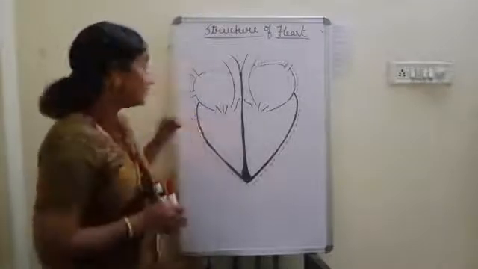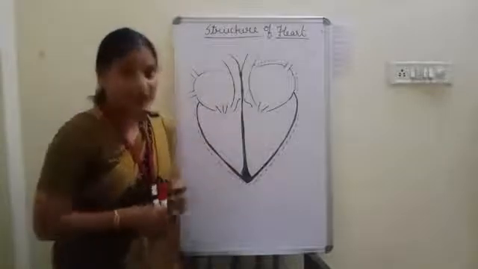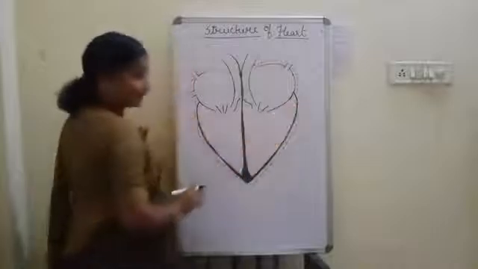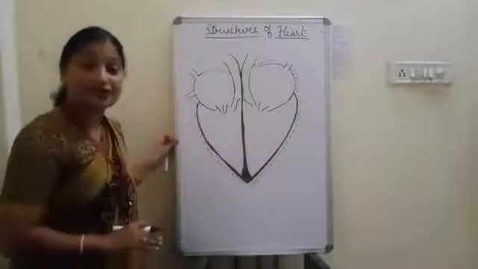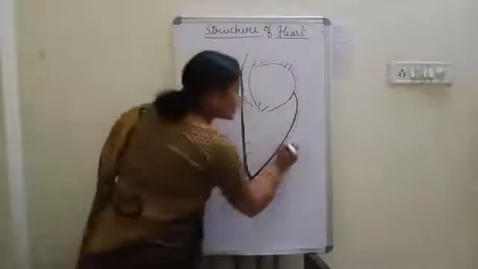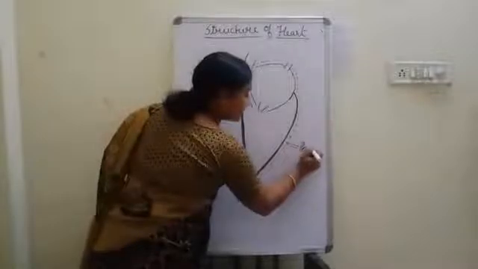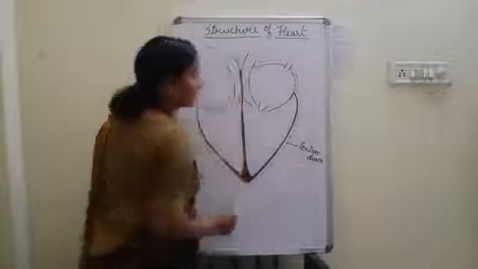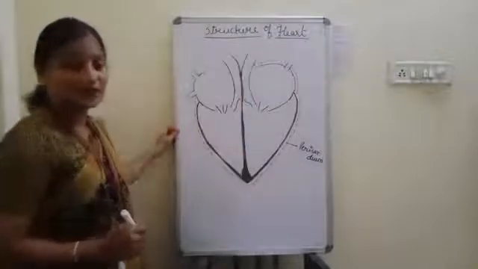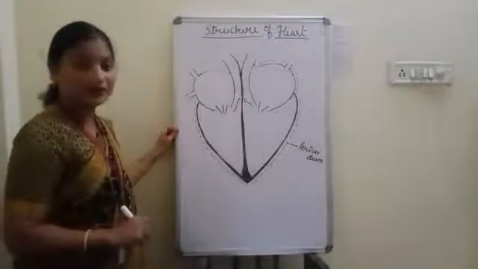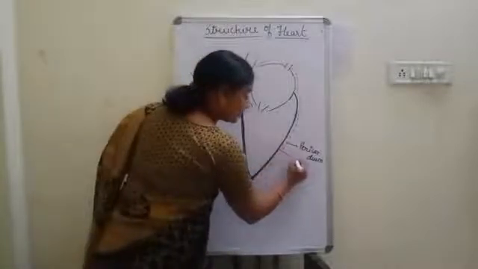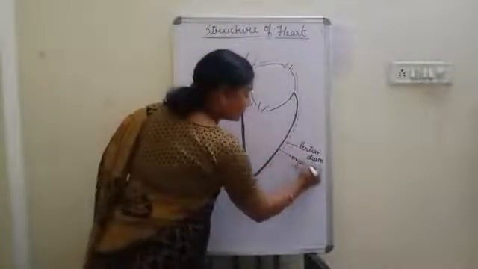Now see the structure of the heart. The outermost layer of the heart, the covering of the heart, is called the pericardium, and inner to this is known as the myocardium. Whatever is the inner side is called the myocardium.